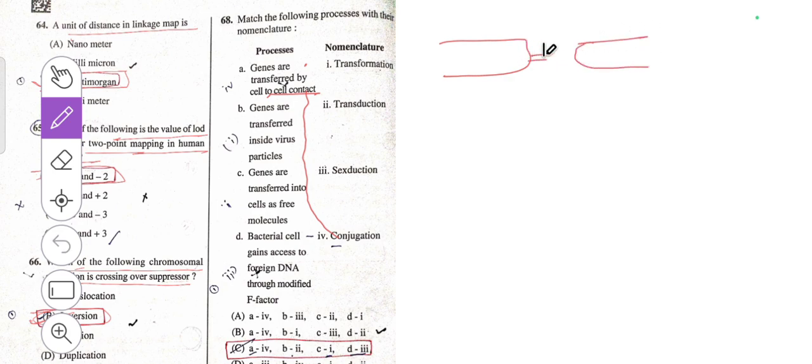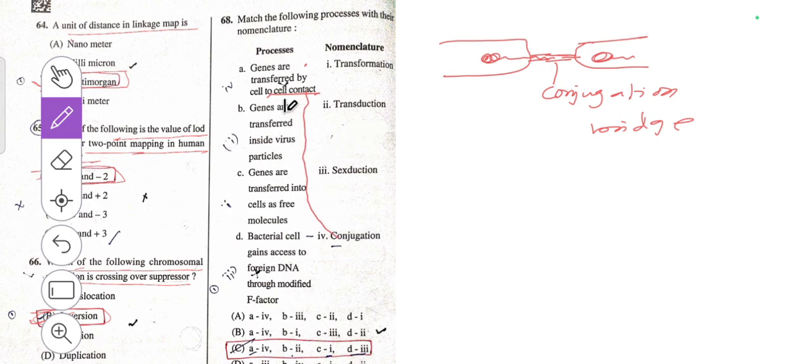They will come in contact with the formation of this conjugation bridge. This is called as conjugation bridge. Through this conjugation bridge, exchange of genes, so it will come here. So genes are transferred by cell to cell contact, so conjugation.